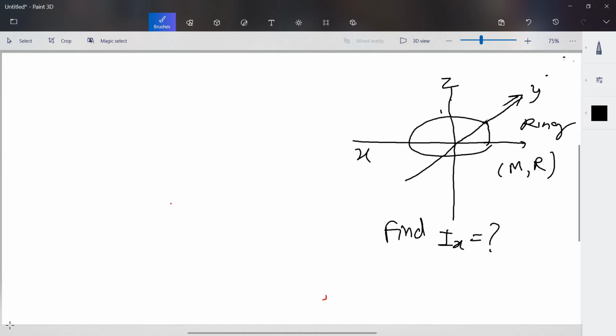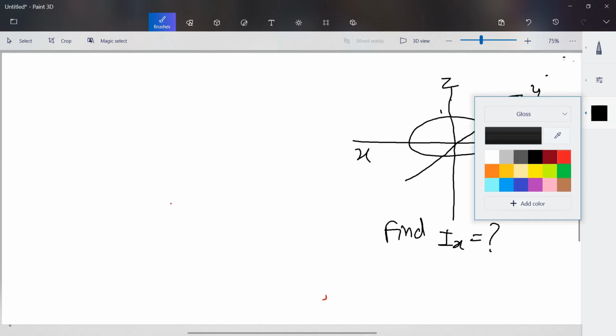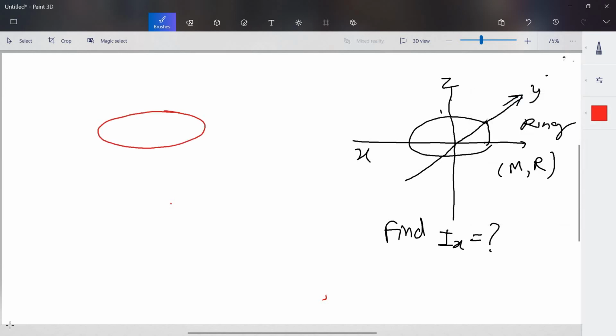So again in the solution, let me use another pen. Okay, so here we have a ring having mass m and radius r. This is the z axis, this is the x axis, and this is the y axis passing through this coordinate system.